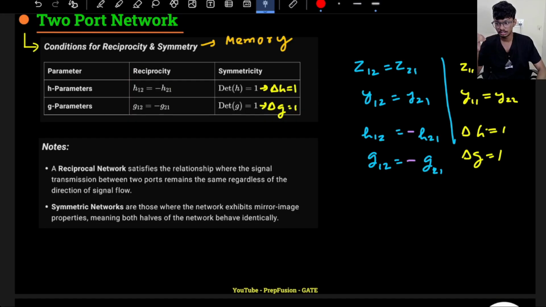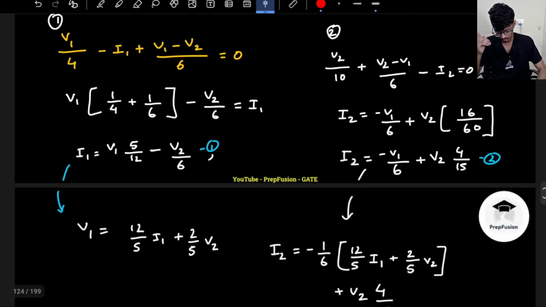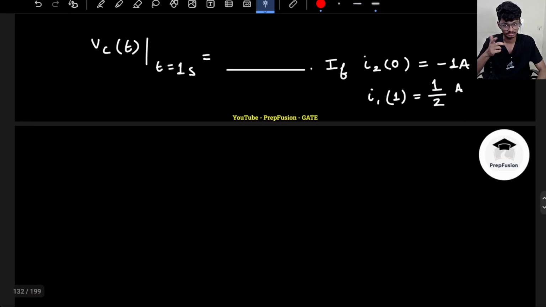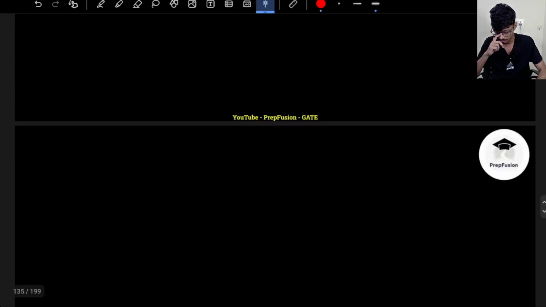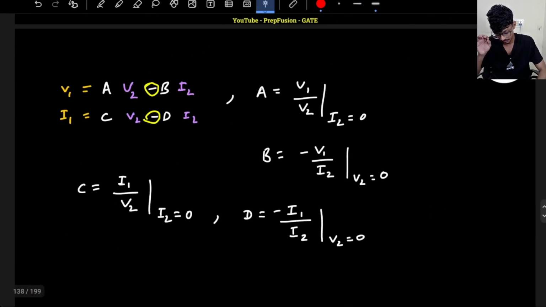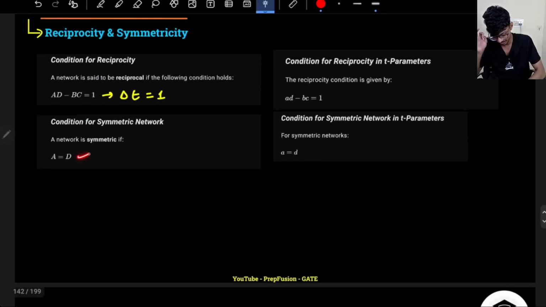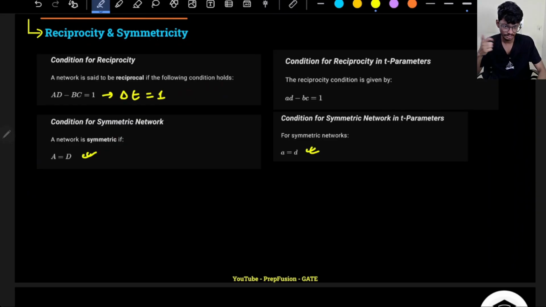Now here things will get flipped. Here the condition for symmetricity will be A equals D. This is the condition for symmetricity. Same for the inverse T parameters. The condition for reciprocity will be the opposite of the H parameter.